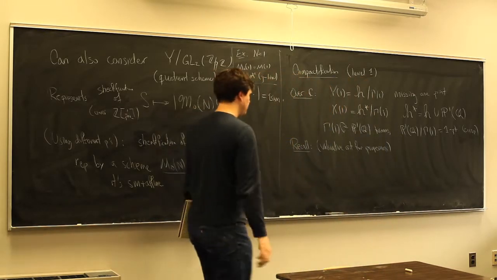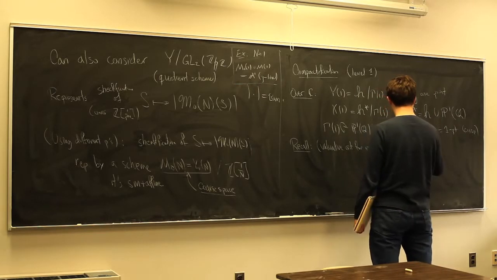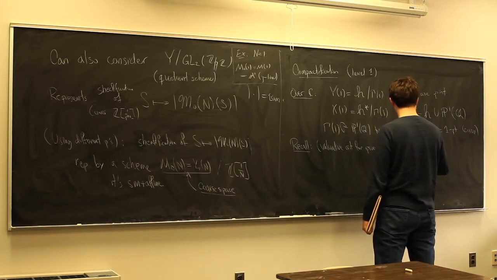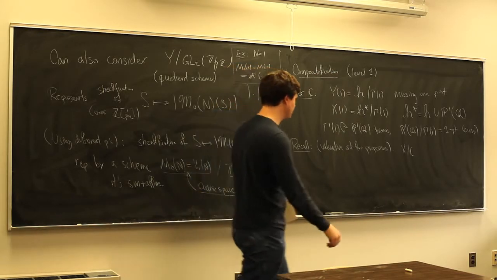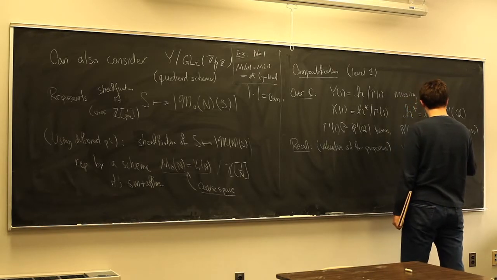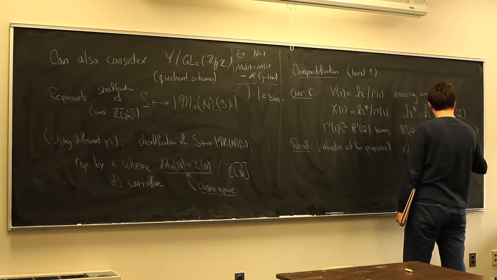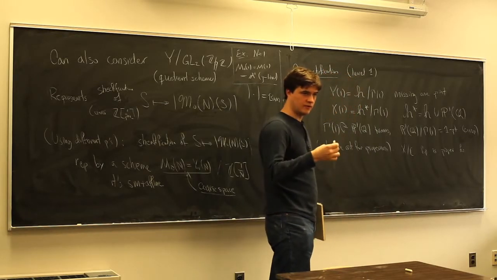If you have some scheme that you want to test if it's proper, so let's say you have some X over C, and we should assume it's of finite presentation, then it's proper if, so the idea is that you can fill in DVR points, right?